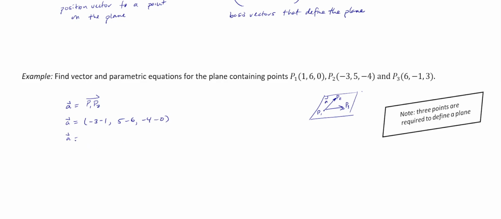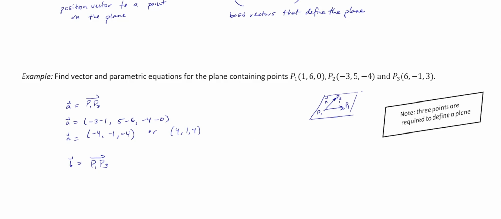Again, I'm just subtracting the position vectors to those points. Okay, so A is (-4, -1, -4), and I can just take the vector in the opposite direction. It's still going to lie on the same plane, so I could say or also (4, 1, 4). That doesn't really matter. Okay, B is equal to P1P3.